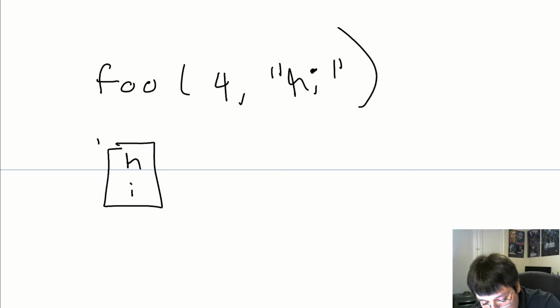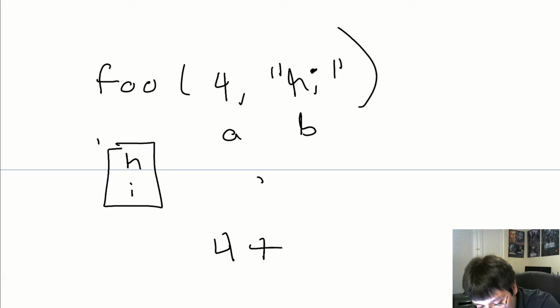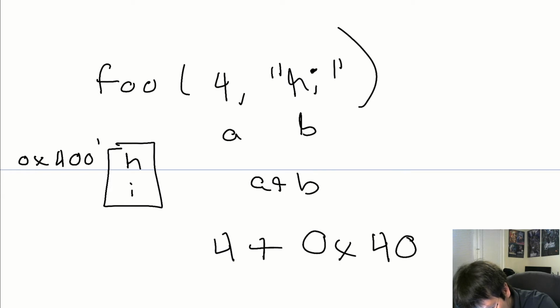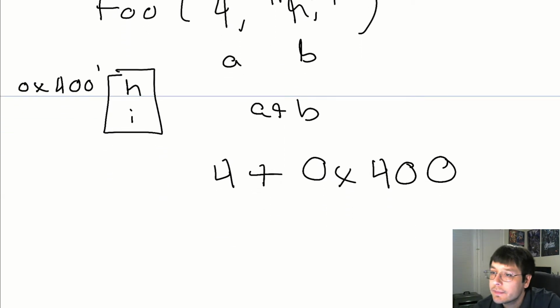And so when we're saying 4 plus the parameter, which this is B, and this is A, so we're saying 4 plus B, what we're saying is, let's say that this is stored at address 400. We are saying take address 400 and add 4 to it, okay?